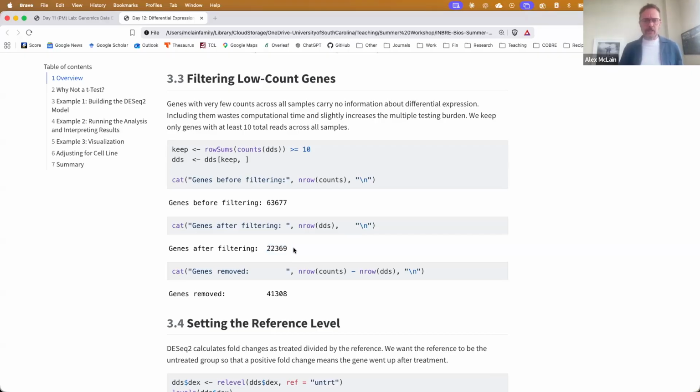The downside of doing this is that there are 41,000 genes that we did not test. So when we ran this experiment, we said, oh, we got 63,000 genes that we're measuring. We actually are only testing 22,000. The other 41,000 we're throwing away. But we had so few reads in those 41,000 that we really couldn't test them.